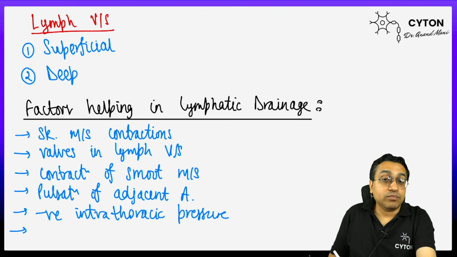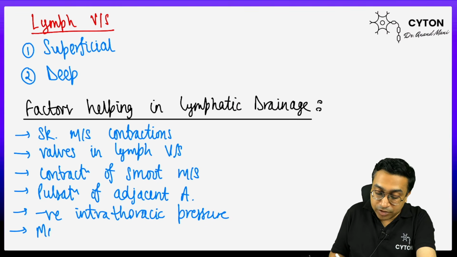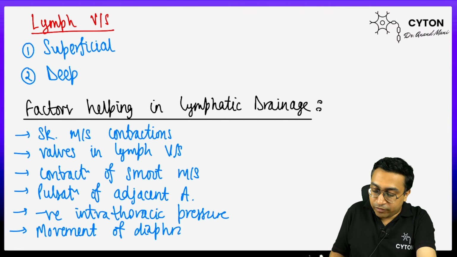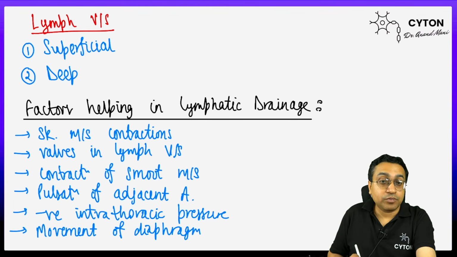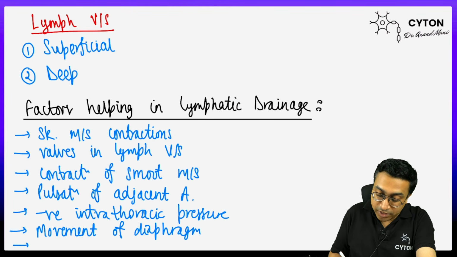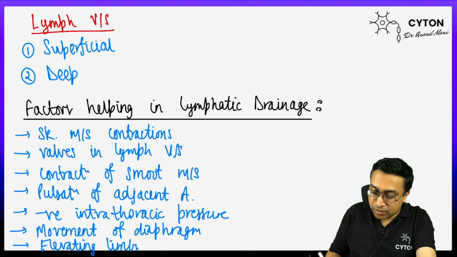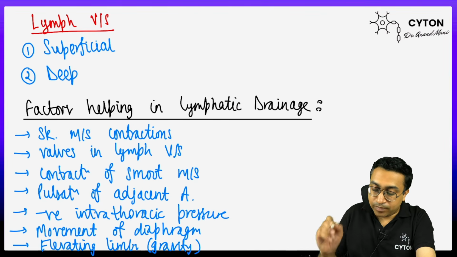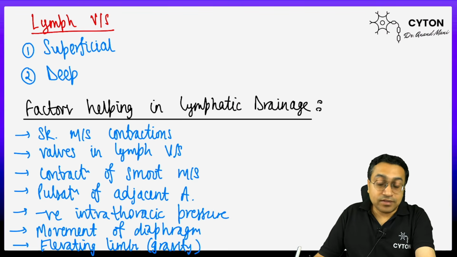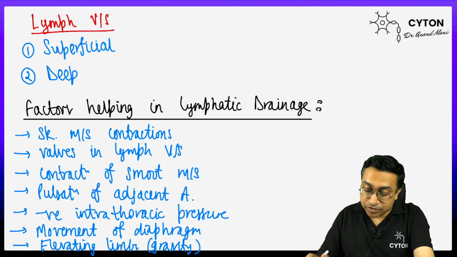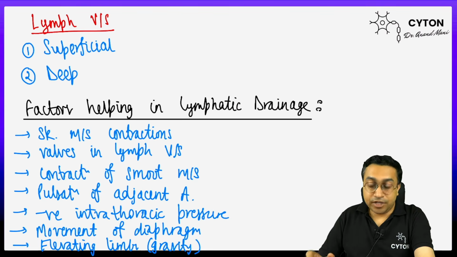Then we have the movement of the diaphragm during respiration, and last but not the least, that is the elevation of the limbs, that is the gravity, okay. So these are certain important factors which help in the lymphatic drainage.